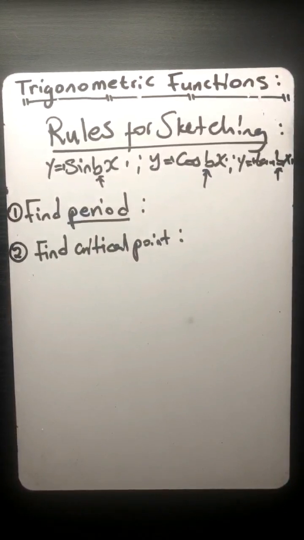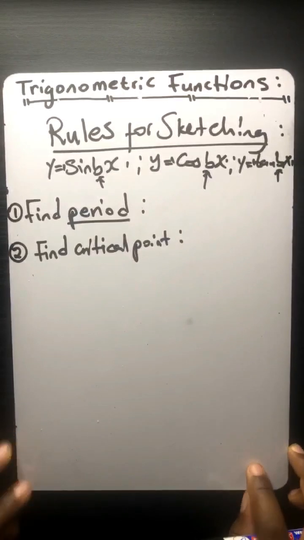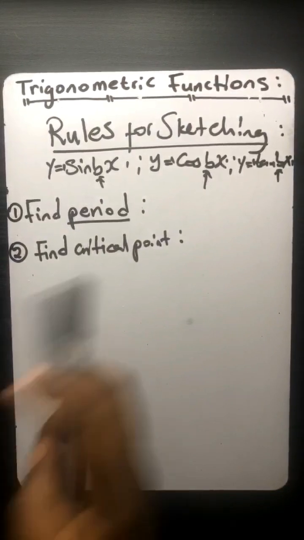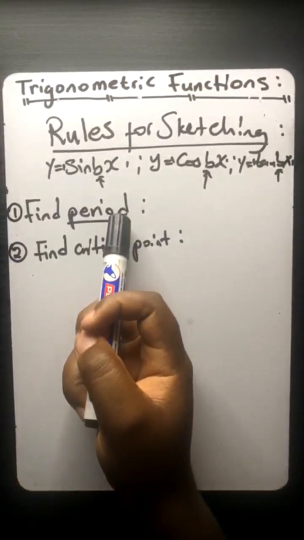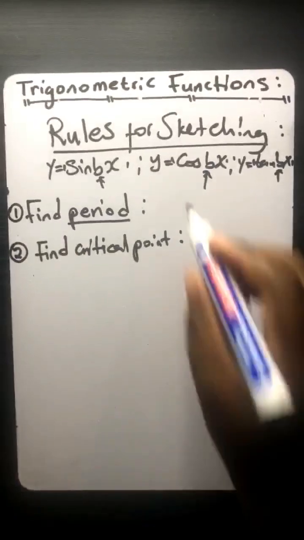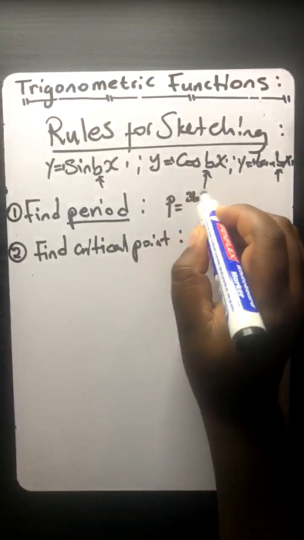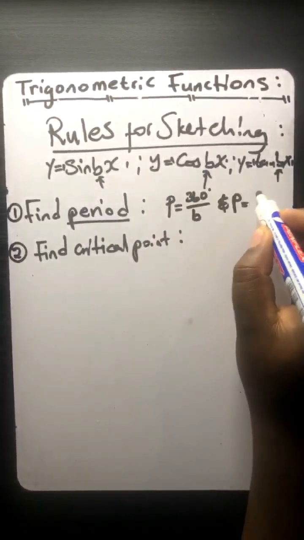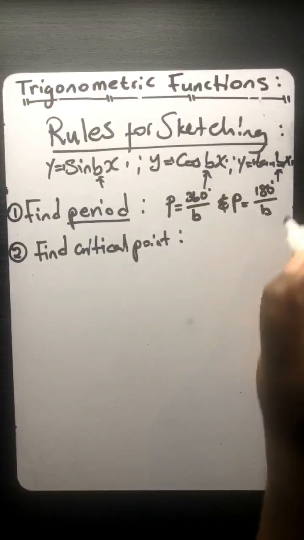What I'm teaching you now is the simplest way of doing this. It's like I'm giving you information on a silver platter, as they say. But I think this one is coming from a gold platter. Because now you know how to find the period of a function using the formula P equals 360 degrees divided by b. And again, you know where to use P equals 180 degrees divided by b.